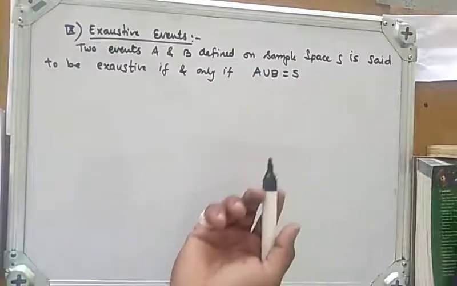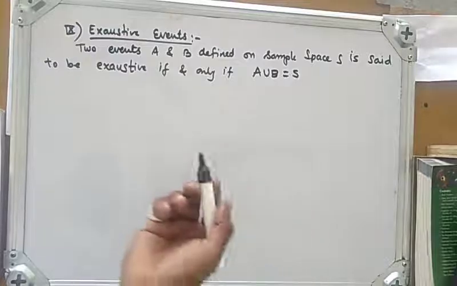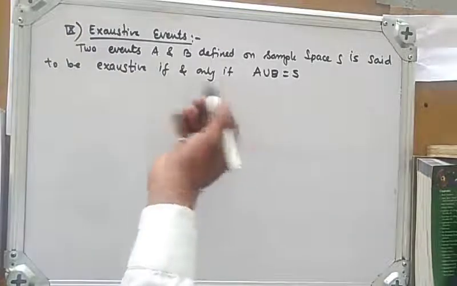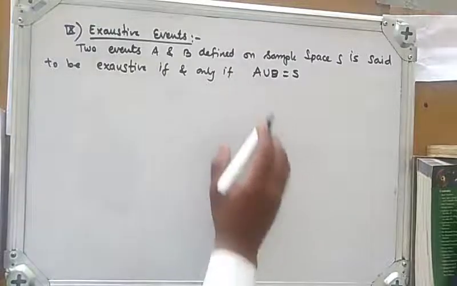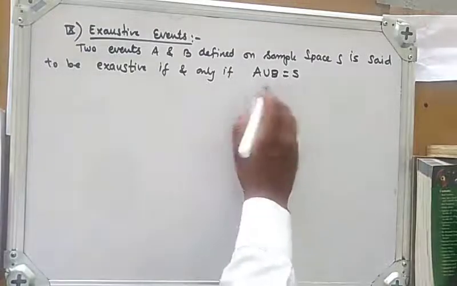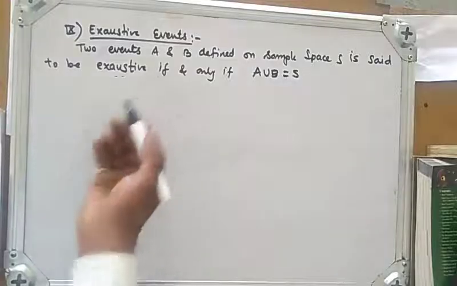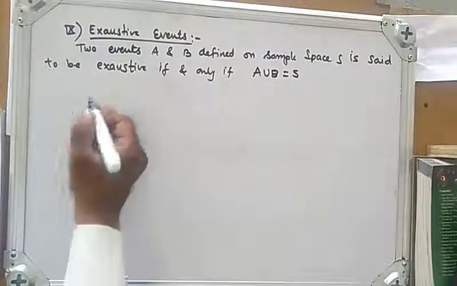If we have more than two events, suppose I have n events, then what will happen? A1 union A2 and so on up to An is equal to S, then we say that the n events are exhaustive events.